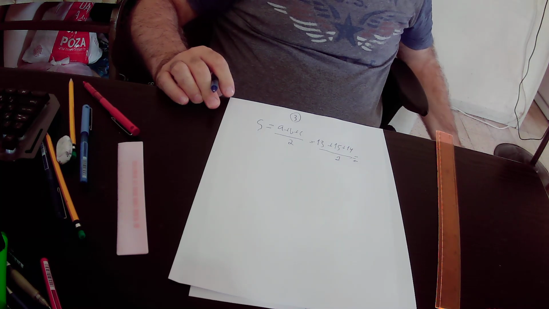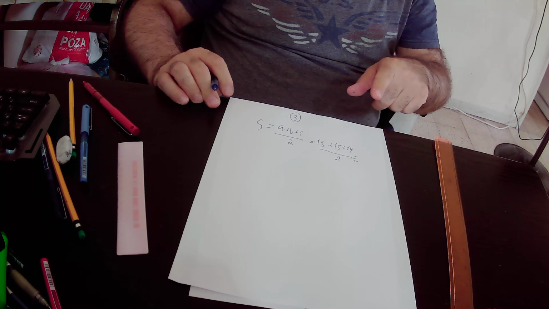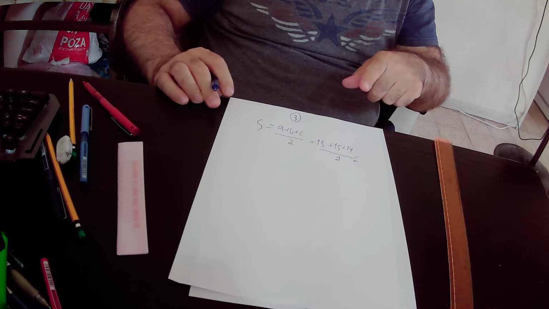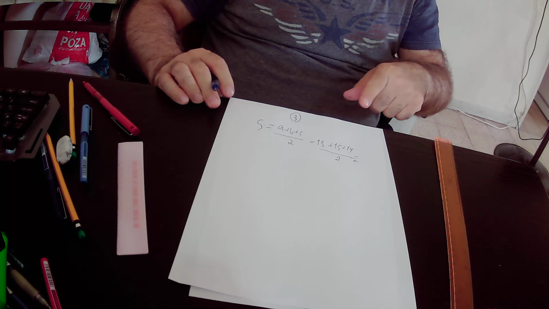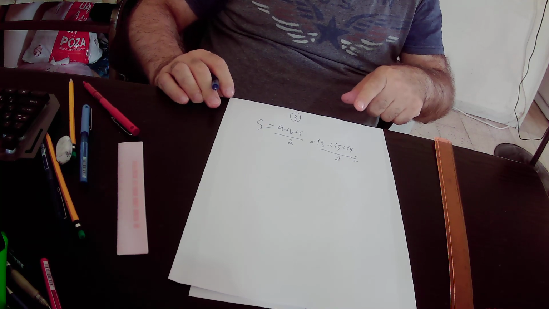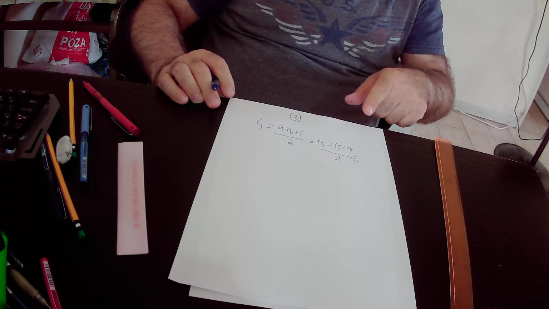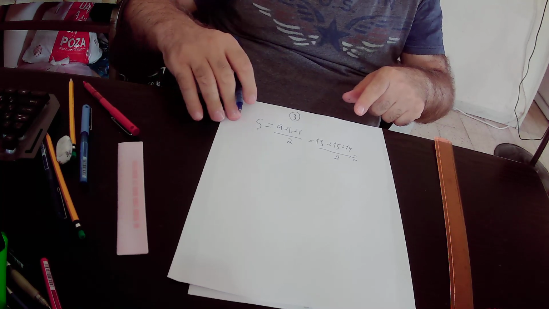And 13 plus 15 equals 28, and 28 plus 14 is 42, and 42 over 2 is 21.